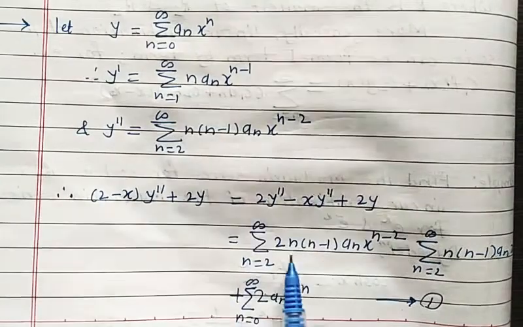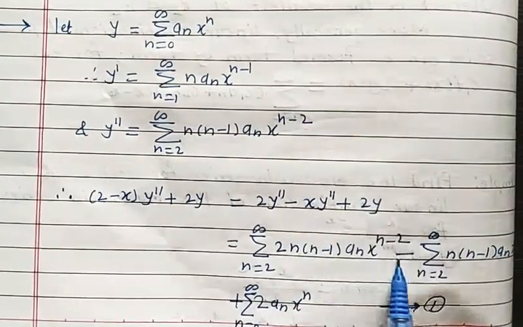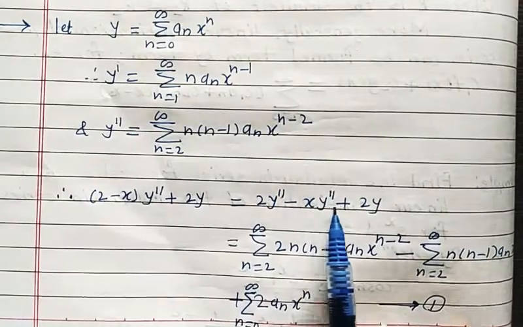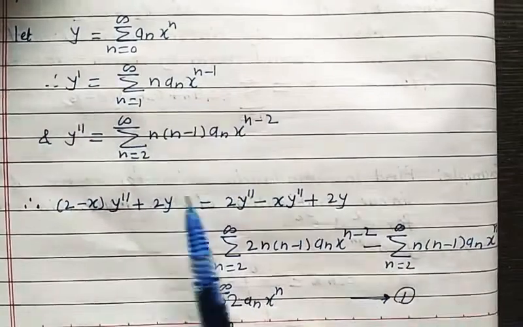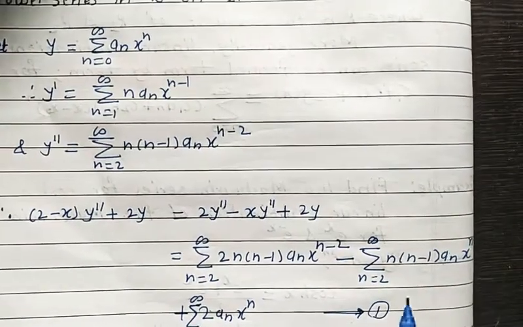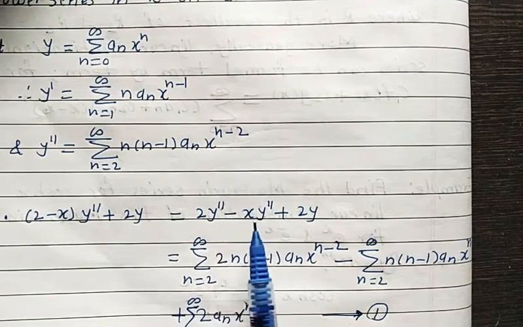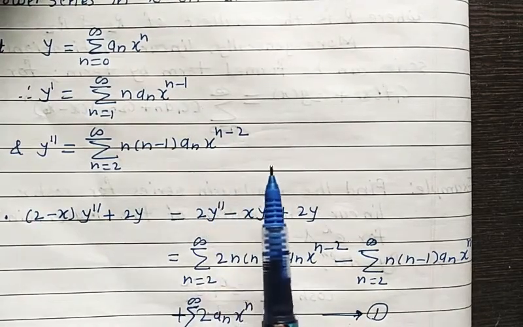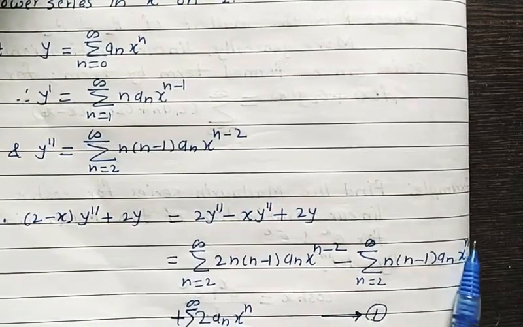This value, so we have written this value and this 2 here, then minus x into y double dash, we multiply it by x. Okay, so that is summation n into n minus 1, a n, now here is x raised to n minus 2 into this x, that will be x raised to n minus 1.